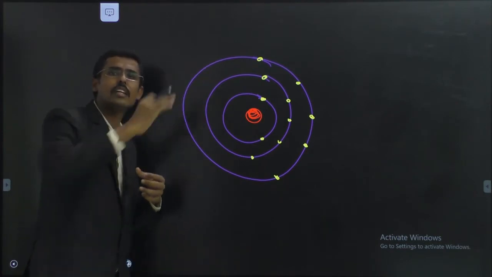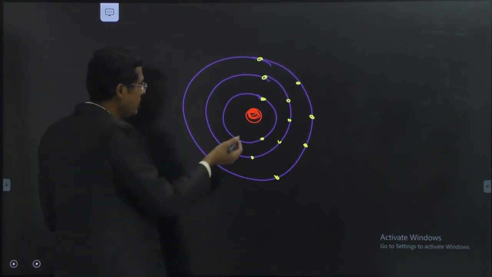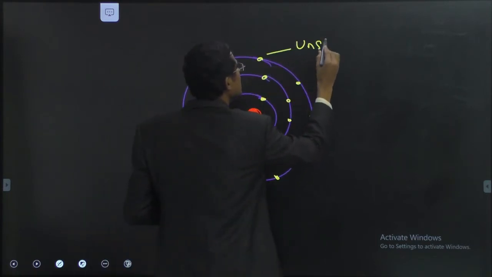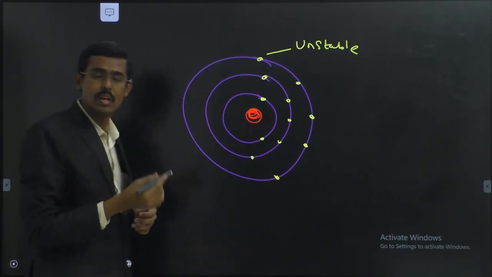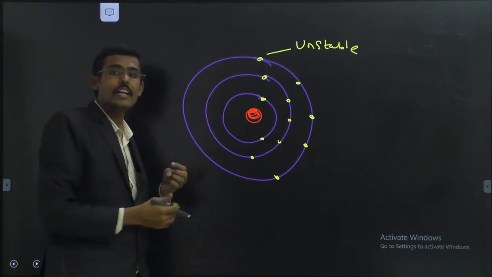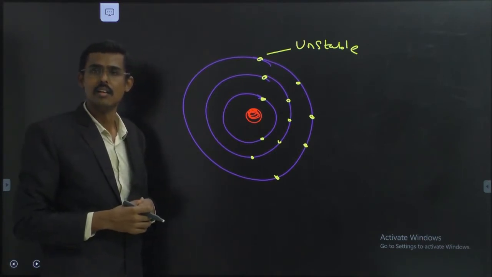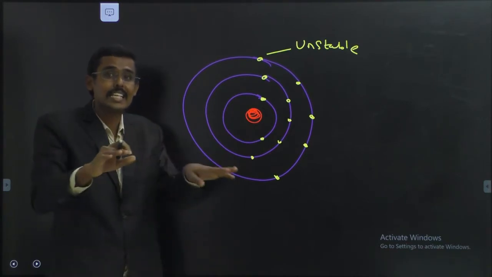It starts to reflect outside, so it becomes unstable. Therefore, these unstable electrons will try to jump over to another shell, from the outermost shell to another shell, to become stable.